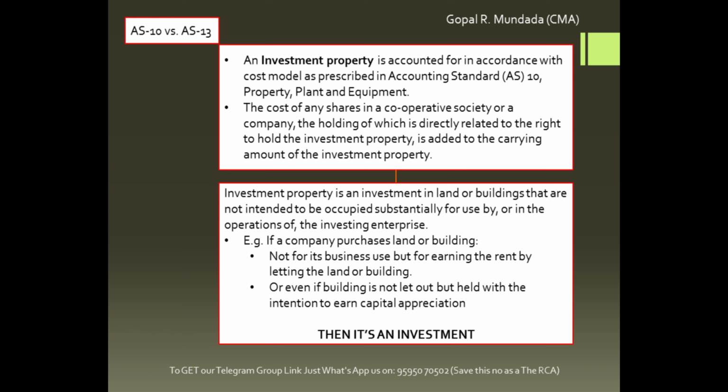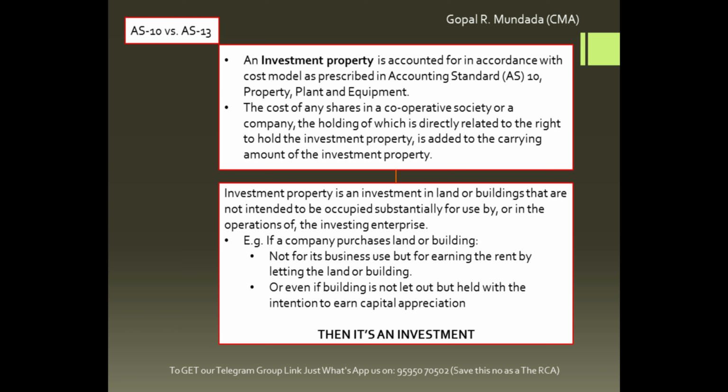An investment property is accounted for in accordance with the cost model as prescribed in Accounting Standard 10. Property, plant and equipment, the cost of any shares in a cooperative society or a company, the holding of which is directly related to the right to hold the investment property, is added to the carrying amount of the investment property. So what is next?